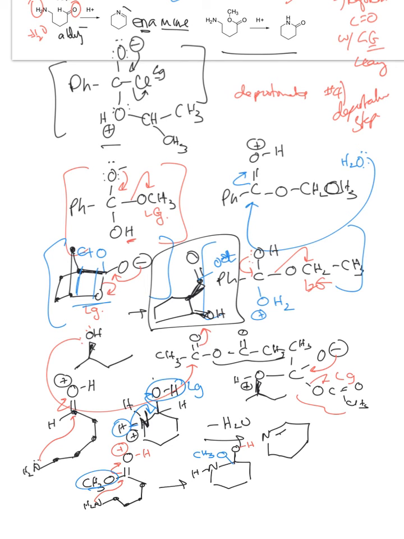Actually what happens is this is going to be your leaving group because you have an ester. These electrons are going to reform here, and those are going to leave. So you're going to lose CH3OH, methanol, and you're going to reform the carbonyl, and that's what makes the amide.